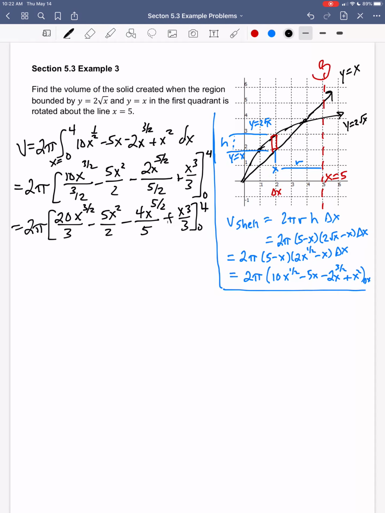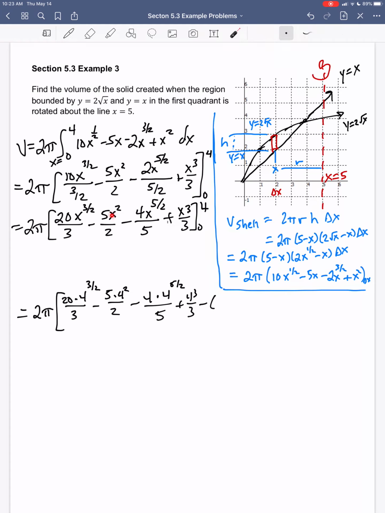Alright, let's see. I think I'm going to have room here if I come down a little. So now I'm going to plug in 4. I just plug 4 in for every x. And then I have to at least think, what happens if I plug 0 in for every x?